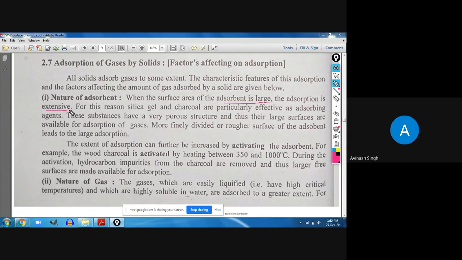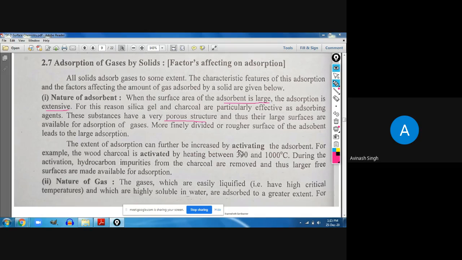Then in our last class we talked about the porous nature. Porosity increases the surface area, right? Yes, sir. So the more porous the surface is, more will be the adsorption.